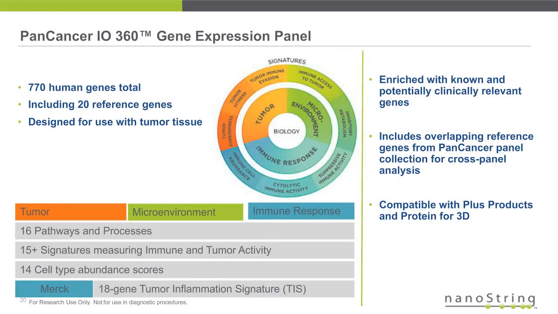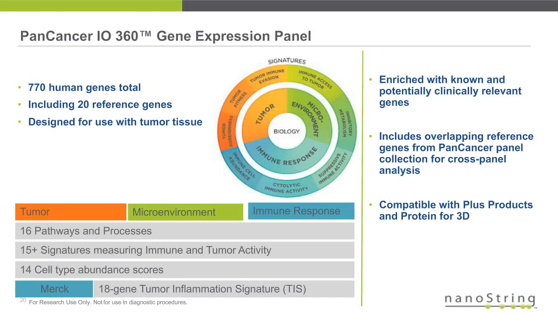So the IO 360 panel has 770 genes built in and pre-designed. We also have space open for 30 genes to be included as a customized panel spike-in. We've included 20 reference genes in this panel, and the panel itself has content that addresses both the tumor-specific signaling, the tumor microenvironment, and the immune response.